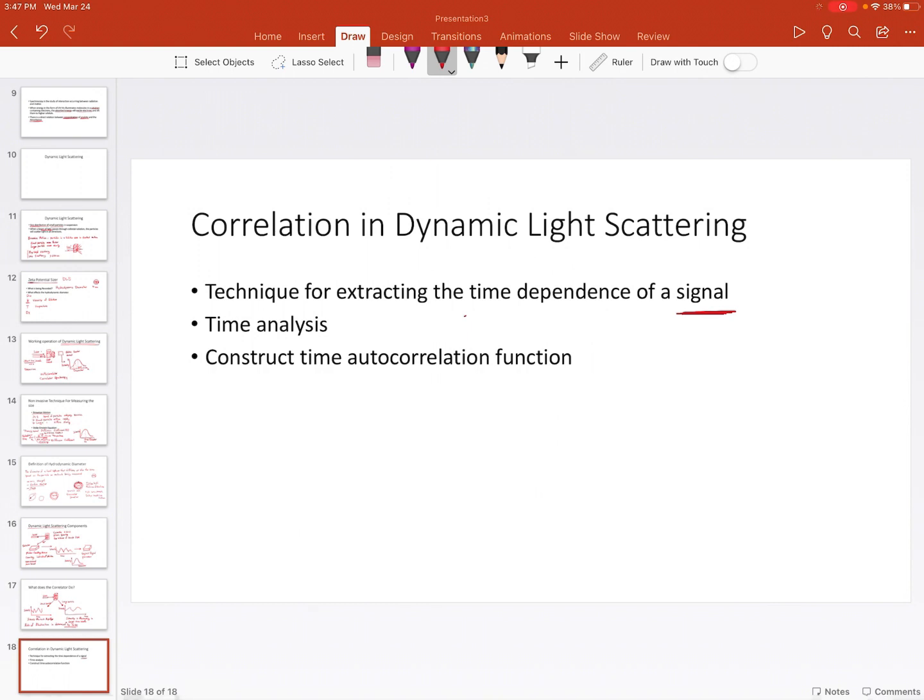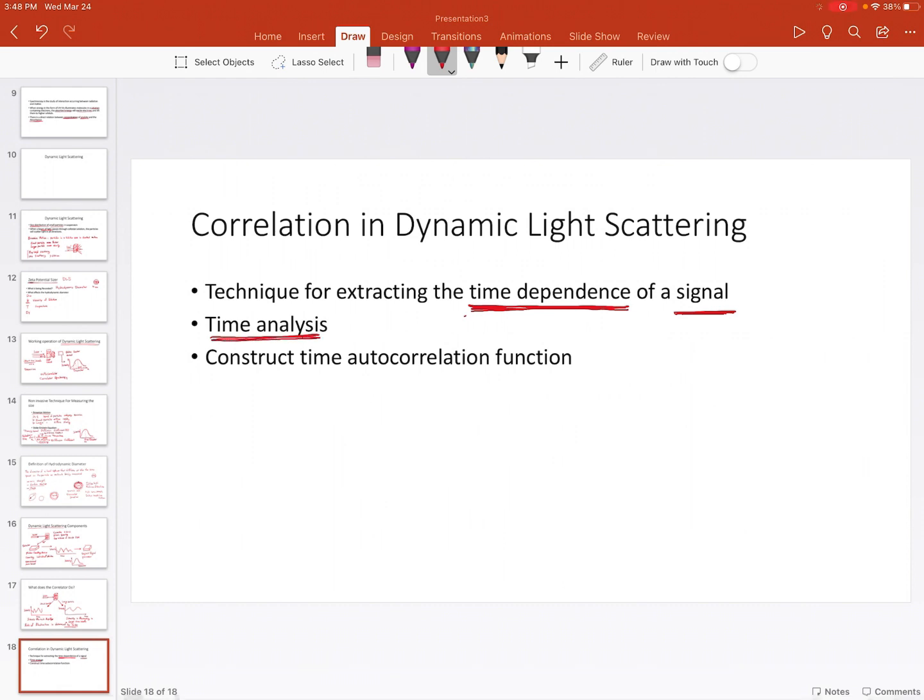But what the correlation does, the correlation will actually extract the time dependence of this signal. So in correlation spectroscopy, we have a factor which is time. We have different time intervals that we are measuring this signal, which is the scattering intensity.